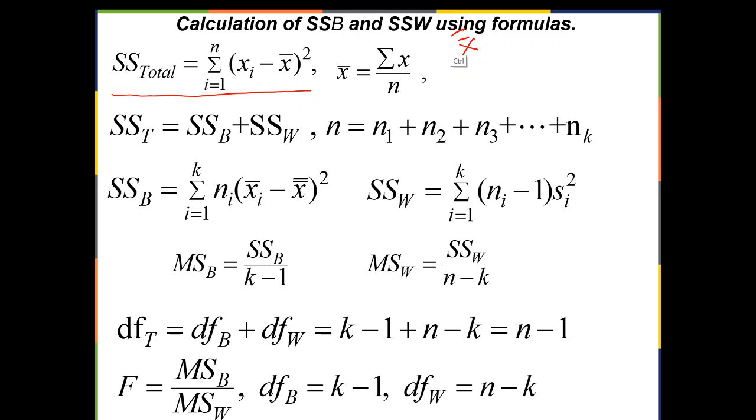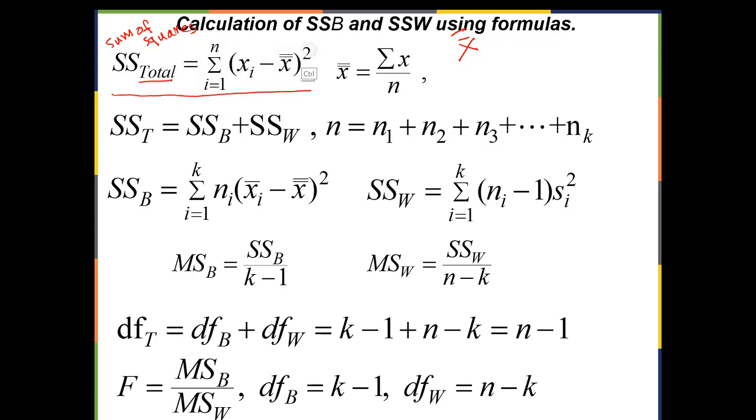If you find the mean of all the numbers involved in all groups, and then subtract the grand mean from them, square and add, we get the sum of squares, SST, the sum of squares total.